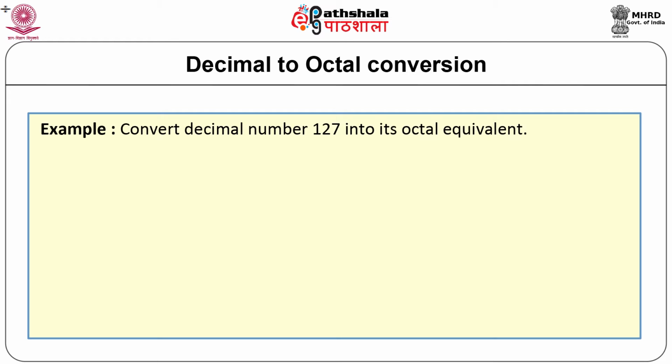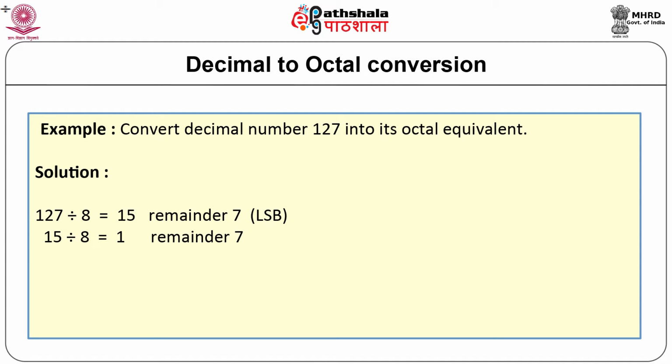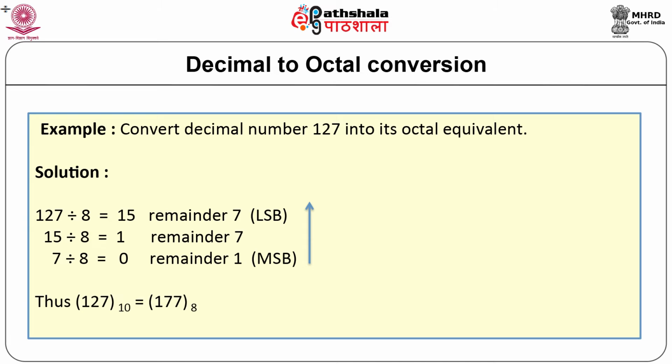The integer part is converted with repeated division by 8 and multiplied by 8 for fractions. 127 is divided by 8 to generate quotient 15 and remainder 7, which is treated as LSB. 15 is divided by 8 to generate quotient 1 and remainder 7. 7 is divided by 8 to generate quotient 0 and remainder 1. Thus, decimal 127 is represented as 177 in octal.